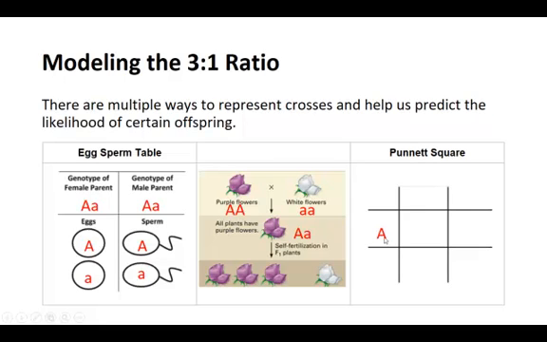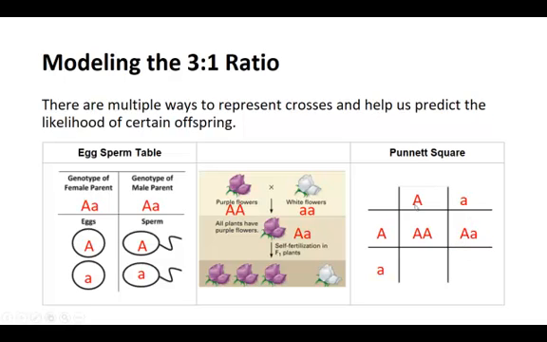We can represent that using a Punnett square. So we know one parent can give either a big A or a little a, and the other parent can give either a big A or a little a. We bring them together. This big A and this big A come together, and we have two big A's through fertilization of eggs and sperm. This big A and this little a from this parent can come together through fertilization to make a big A, little a.